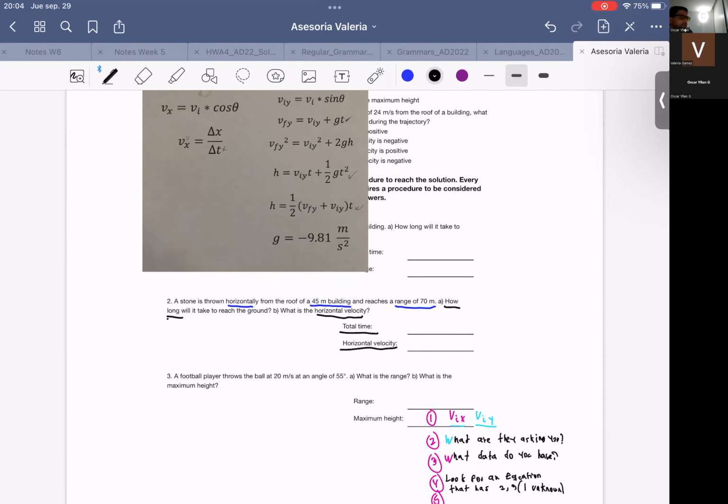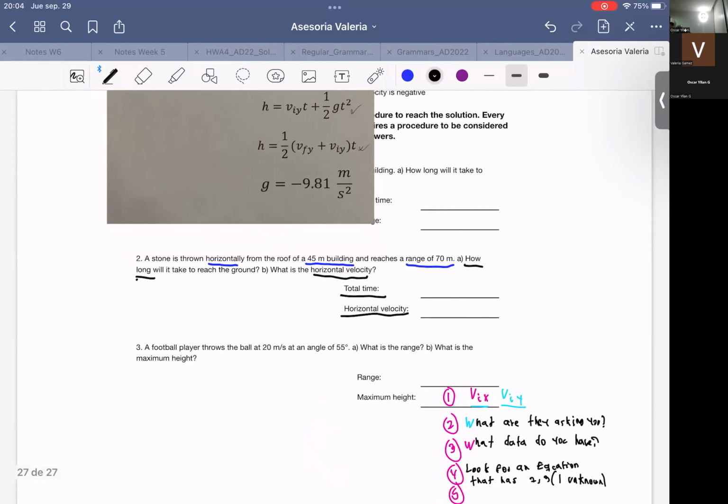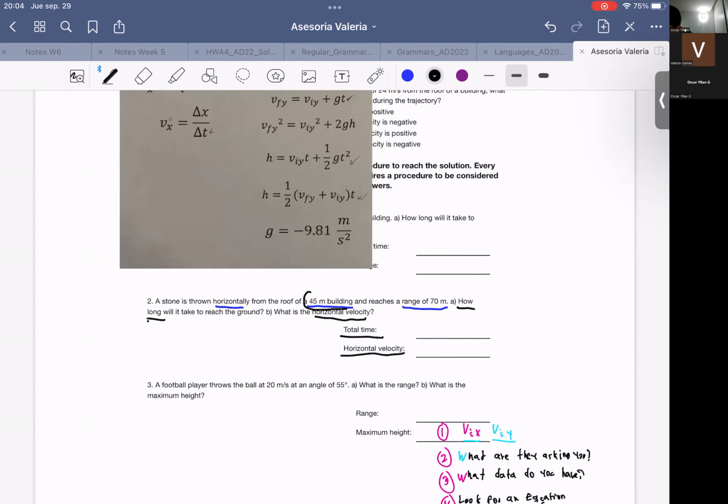It says a stone is thrown horizontally from the roof, 45 meters. First of all, what is this, the 45 meters building? The height. Height, perfect. The height is 45 meters, right? In here, basically it says the range, 70 meters, right?